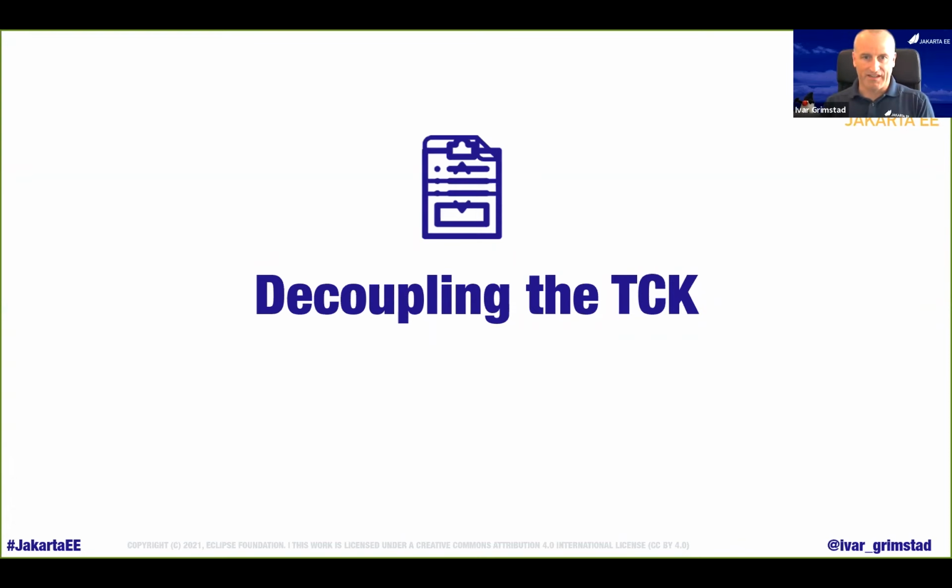And we're looking at how we can decouple this while still maintaining the security of the compatibility that we have, so we don't break anything, but we want to decouple and refactor the TCK.